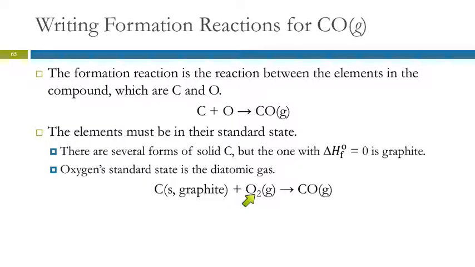For oxygen, oxygen is a diatomic element, and it's a gas at room temperature, so it's O2 gas. Now, this is not yet a balanced chemical equation, but we've got the elements in their standard states. Now we need to balance the equation without adding a coefficient to the product. We need that to be 1 mole of carbon monoxide.